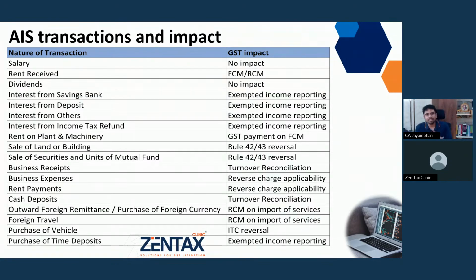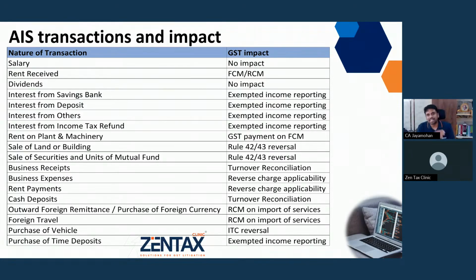And for this transaction, common ITC has to be reversed. How much is the value? The value of sale of immovable property will be the stamp duty value. Whatever value is adopted as stamp duty value, the same value has to be treated as exempted supply for that particular period. And you have to compute common credit reversal in line with Rule 42 and Rule 43.